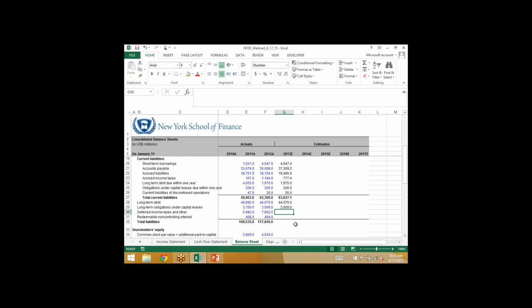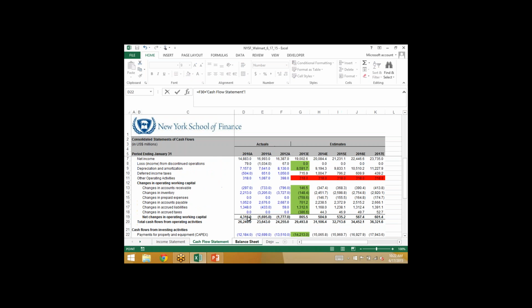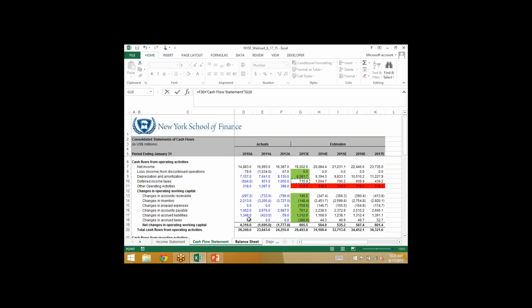Okay, deferred taxes. Where does that come from? Do they have deferred taxes? Oh yeah, we pulled it in ourselves. Year before plus deferred taxes up in the operating activities, deferred income taxes.